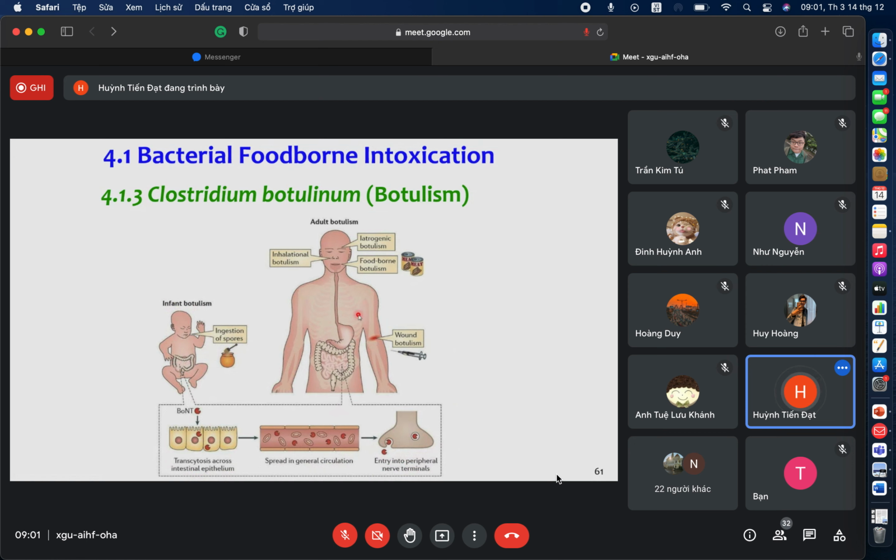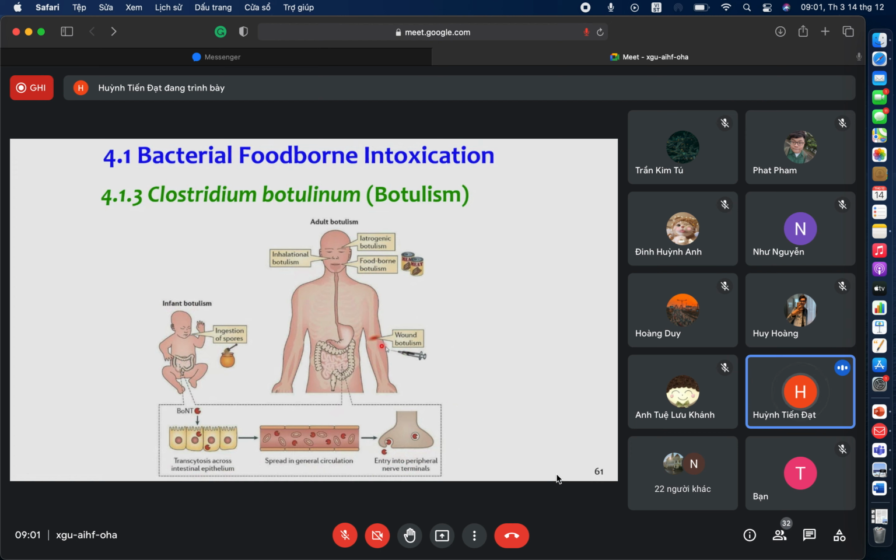For humans, not only consumption or ingestion, but also wound botulism. Maybe infections through the mouth, right? Sometimes we get inhalation botulism, and foodborne botulism regarding consumption of food containing the toxin.